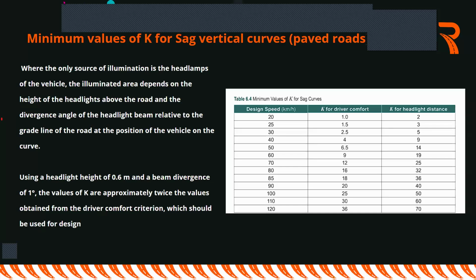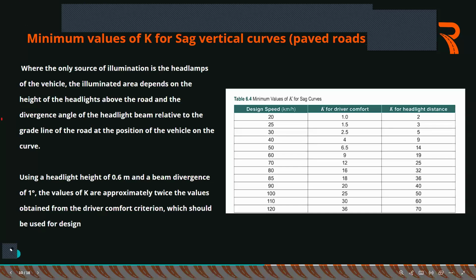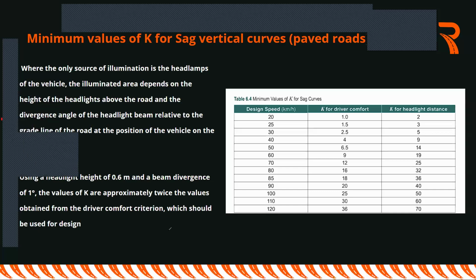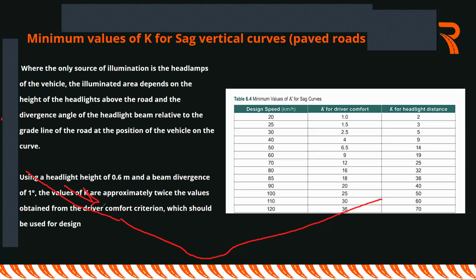So let me paint a picture. We'll use my screen here to just make a sketch so that you can see this. So let's say we are having a downgrade, and then we're having such a scenario. So these are long gradients. So this is a long grade, and this is a long gradient.